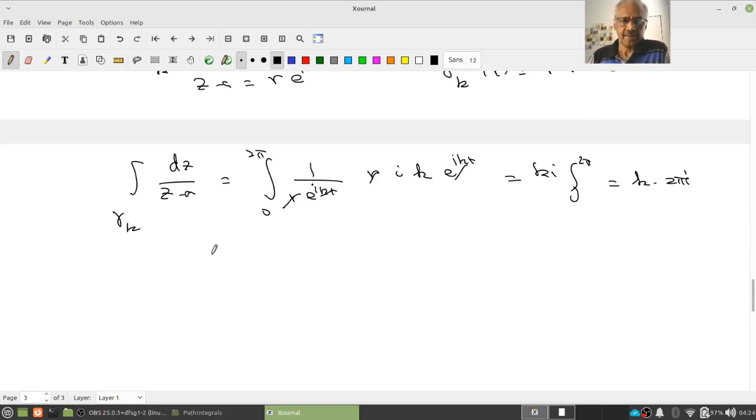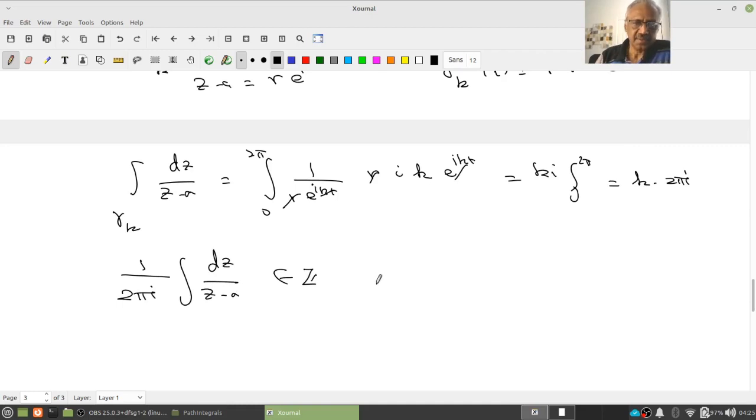So in particular, if I look at this number 1 by 2 pi I times the integral of dz by z minus a over gamma k, this is an integer, and that integer is nothing other than k. And what is the geometric idea about k?